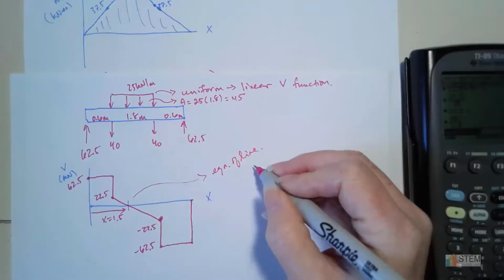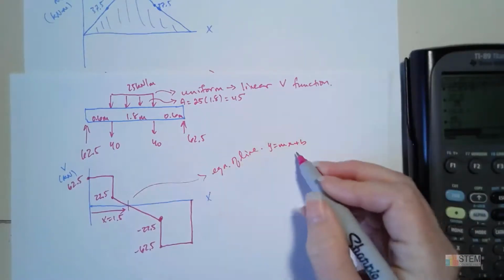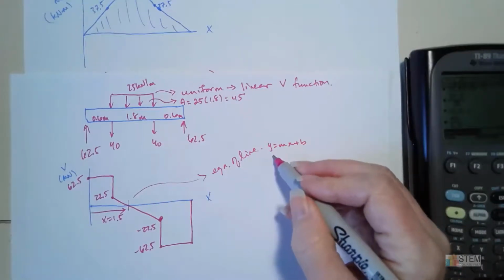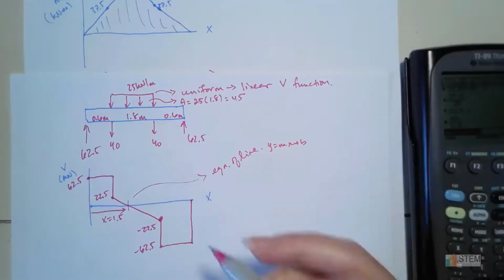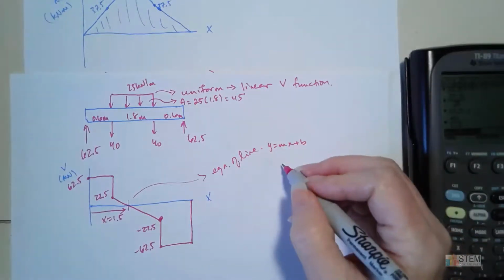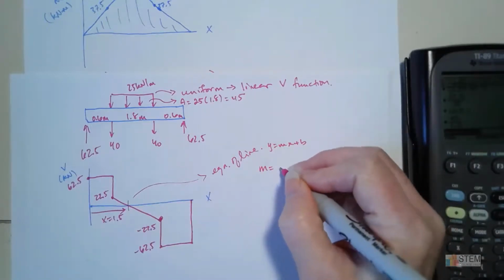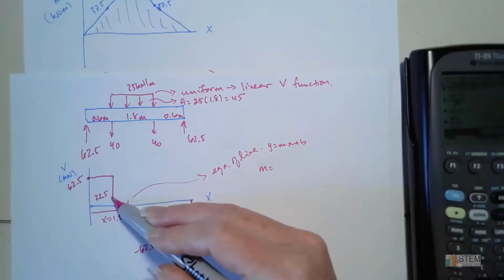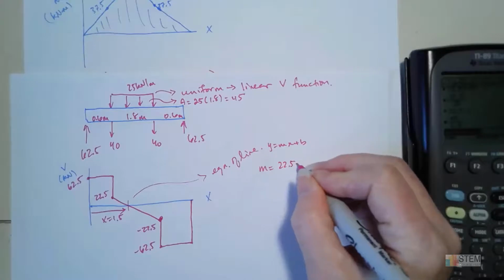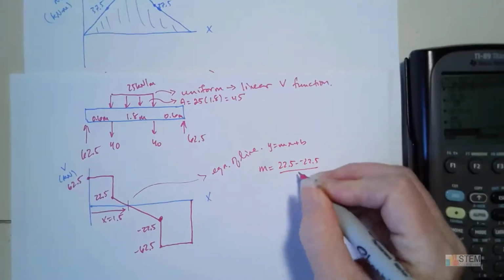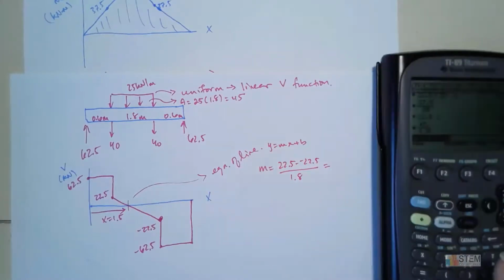So if we find the equation of the line, we have y equals mx plus b, because this is a linear function. In this case, instead of y, we're going to have V. And the slope we can find because it's rise over run, so you can easily find the slope of this. So m is going to be 22.5 minus negative 22.5, and then put it over the run, which is 1.8.